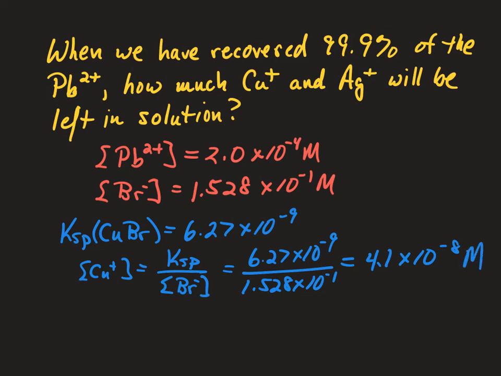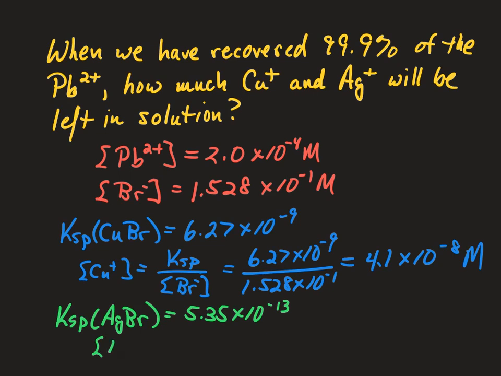If we do the same thing then with silver ion, our KSP for our silver bromide was 5.35 times 10 to the minus 13.